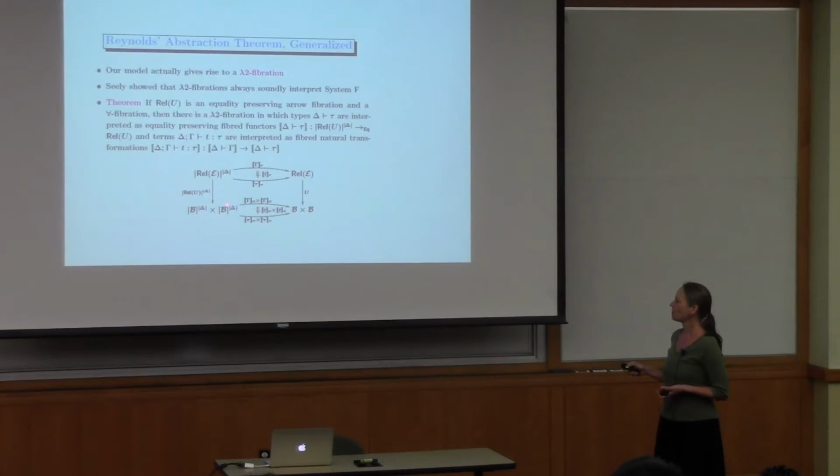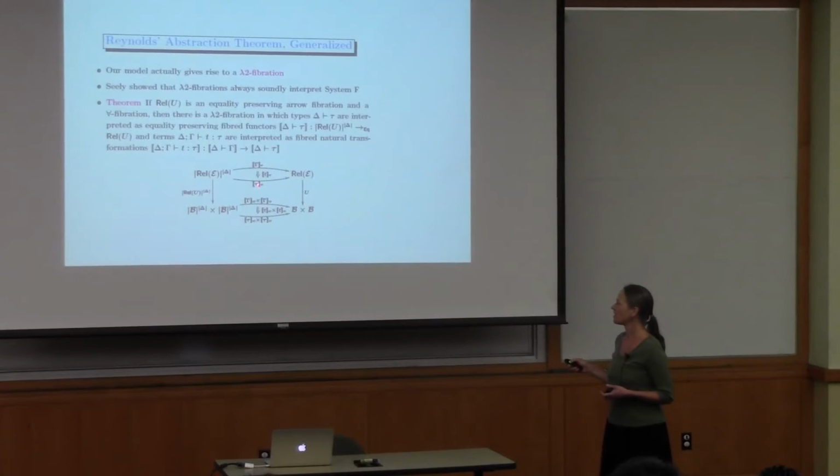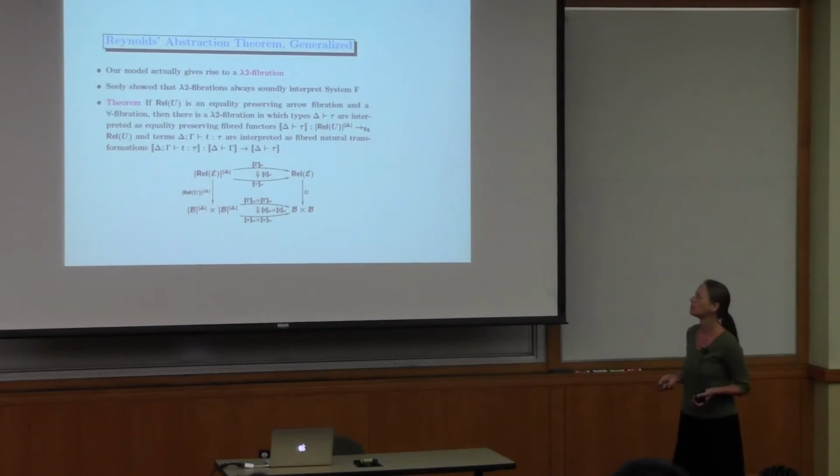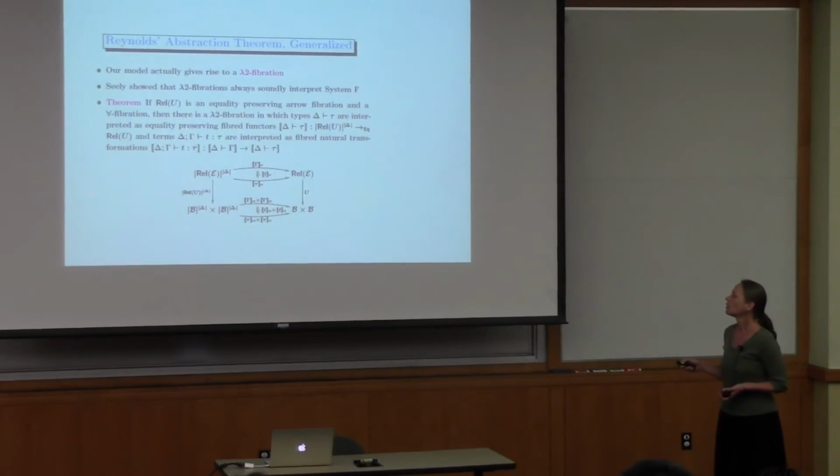And we also have the identity extension lemma in the form of showing that the fibered functor that interprets types is equality preserving. We have an object interpretation of terms as fibered natural transformations between their context and their return types.